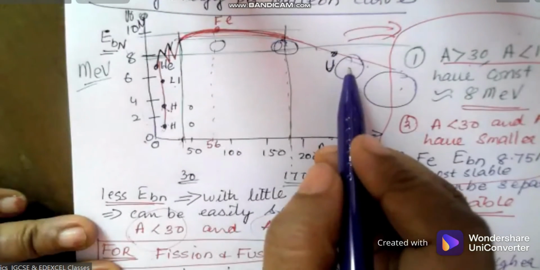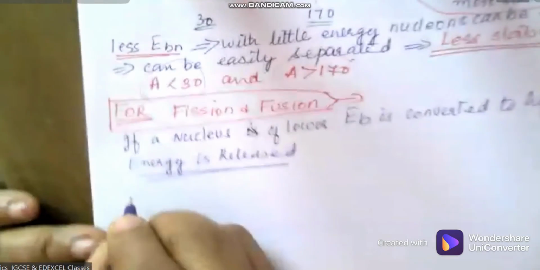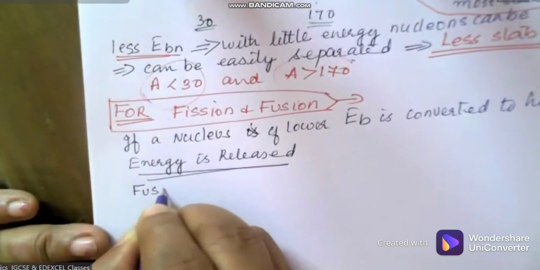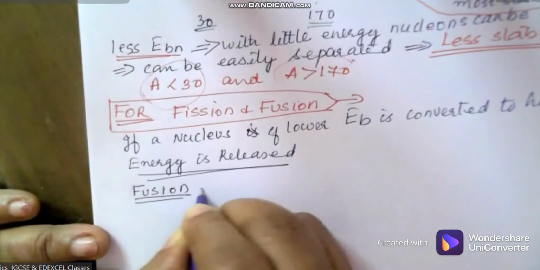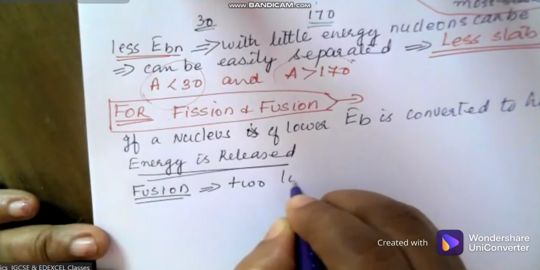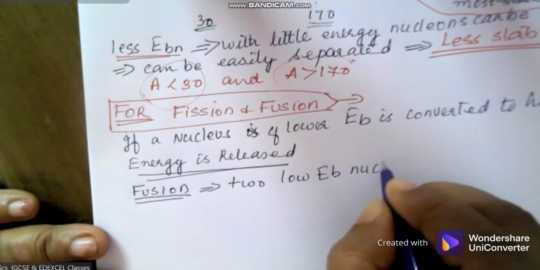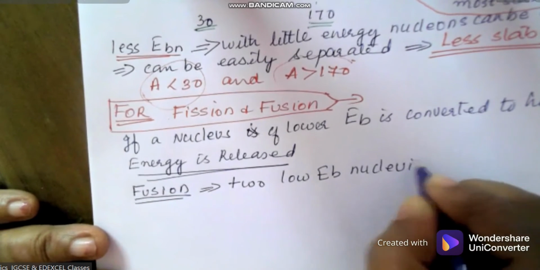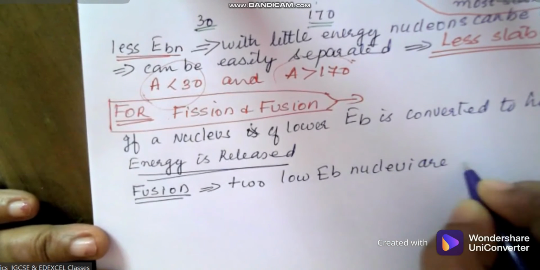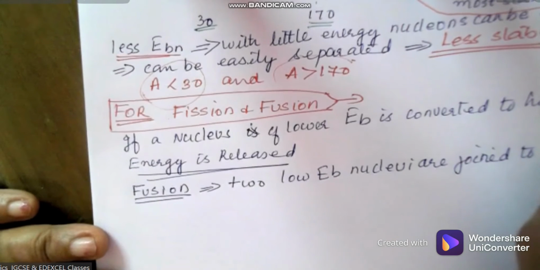So here, what you are doing, we have got two. In fusion, what is happening? Two low binding energy nuclei are joined to helium. Helium has higher binding energy.